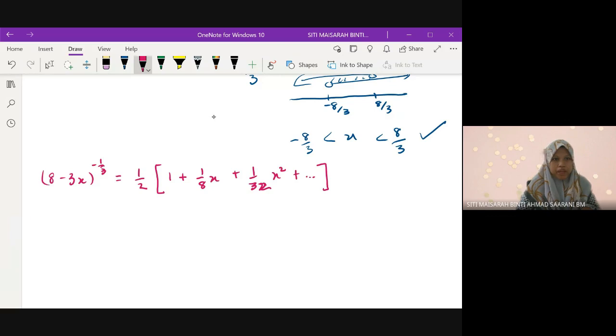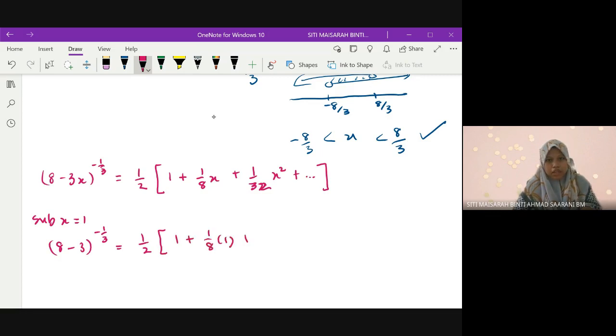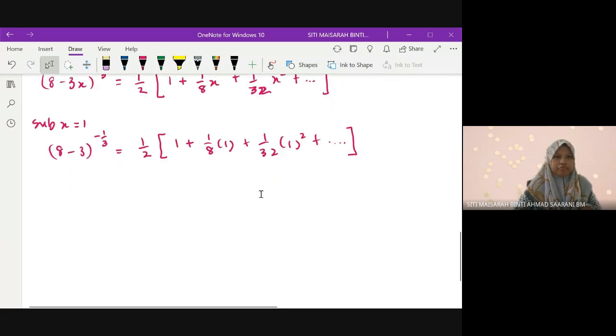Okay, then by substituting x equals to 1, this one become 8 minus 3 power negative 1 over 3, 1 over 2 multiply 1 plus 1 over 8 times 1 plus 1 over 32 times 1 square plus dot dot dot. Then this one become 5 power negative 1 over 3 equals to 1 over 2. This one awak boleh kira terus. Kalau kira terus dapat berapa?